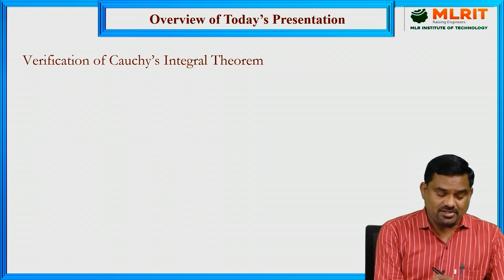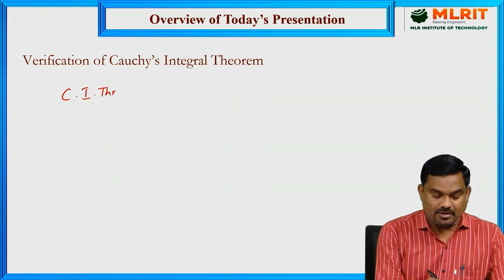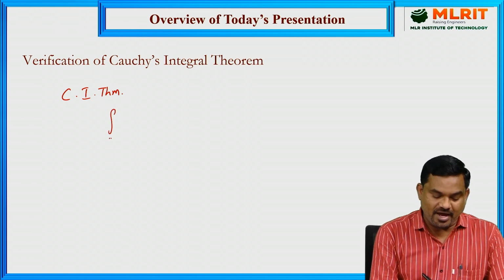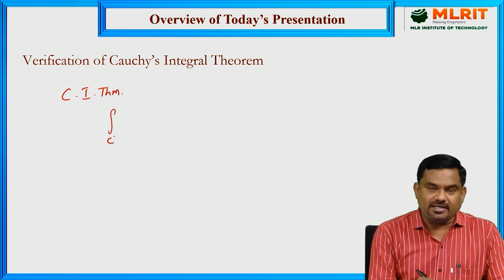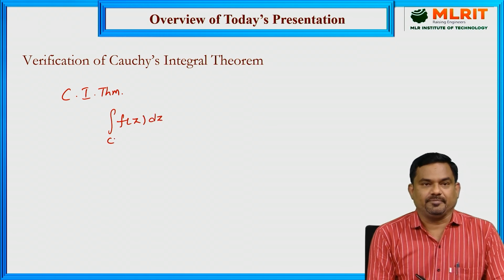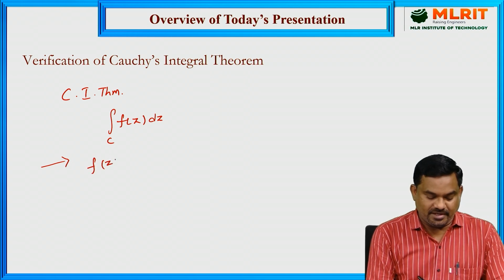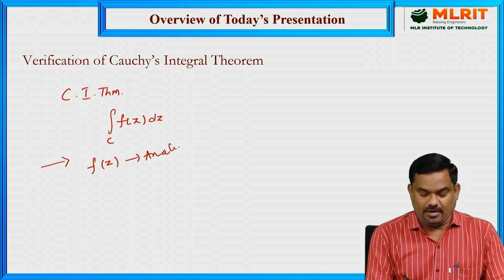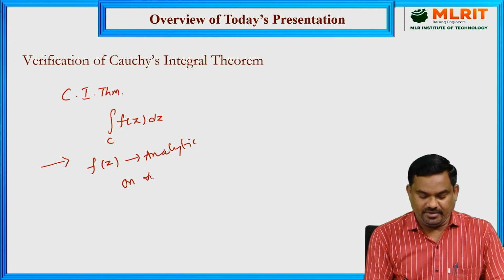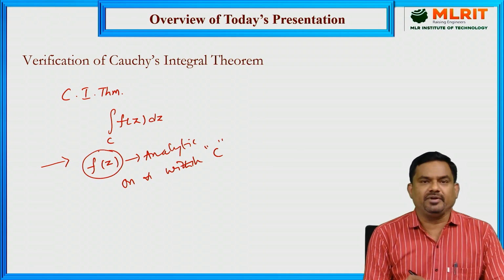Now in the last session, I introduced Cauchy's integral theorem, and this theorem helps us to evaluate the line integral of the given function of complex variable along a curve C. We can apply this theorem if f of z is analytic on and within the closed contour C, that is, if f is analytic at each and every point within the circle and on the circle.